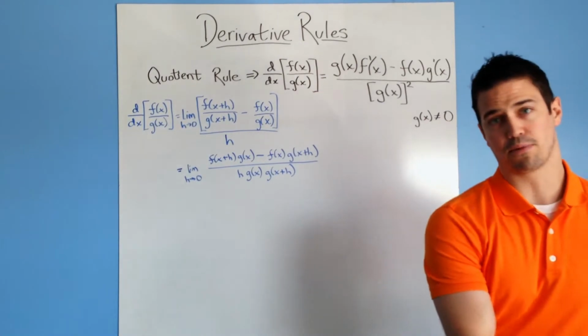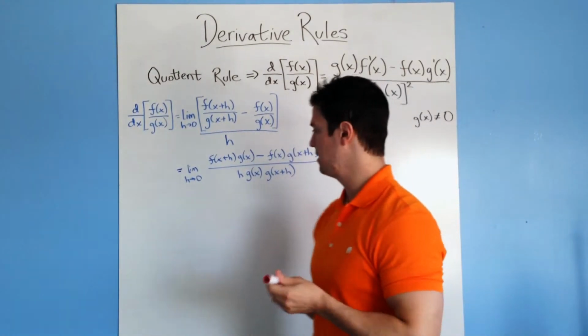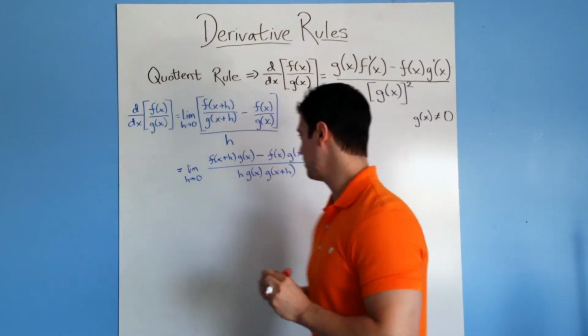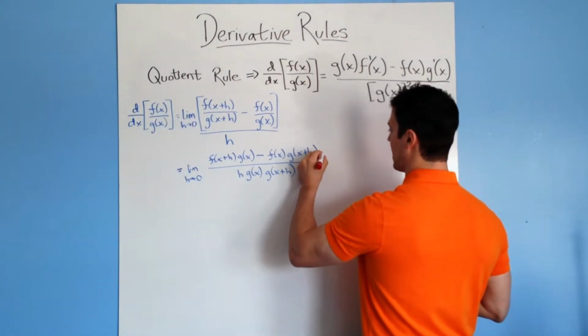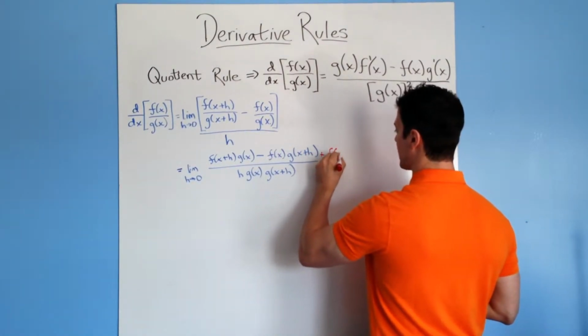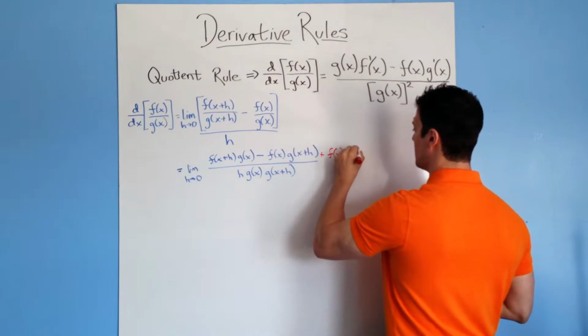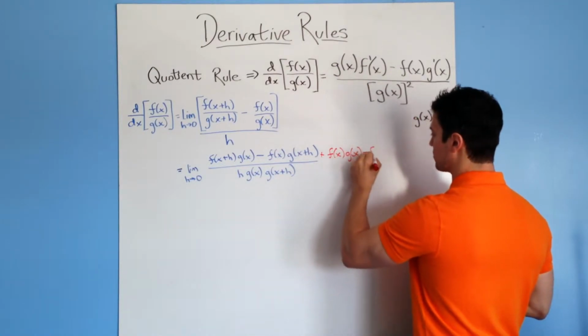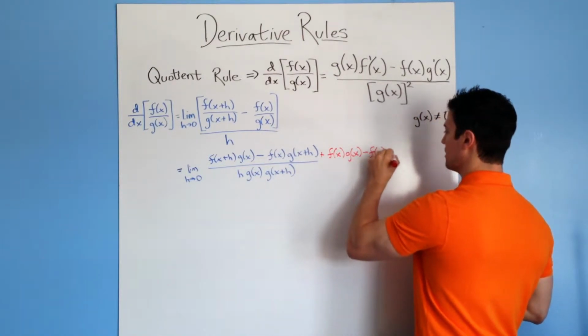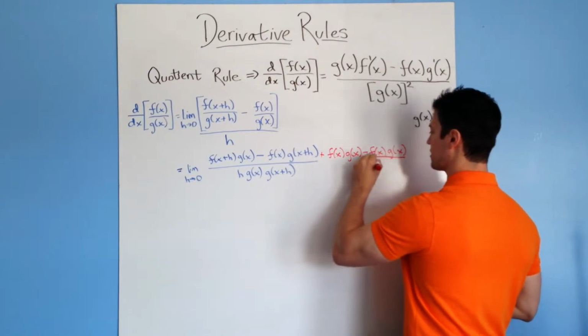Now, just like we did in the product rule, we're going to have to add a couple terms just to make our life a little bit easier. In this case, we're going to be adding f of x g of x, and then because we're adding it, we also have to subtract it, f of x g of x.